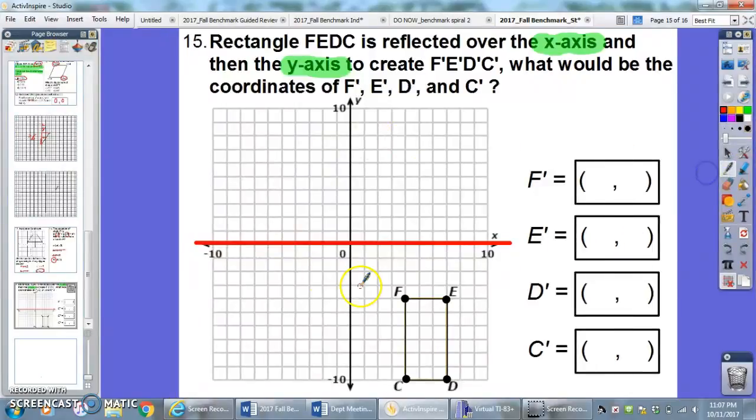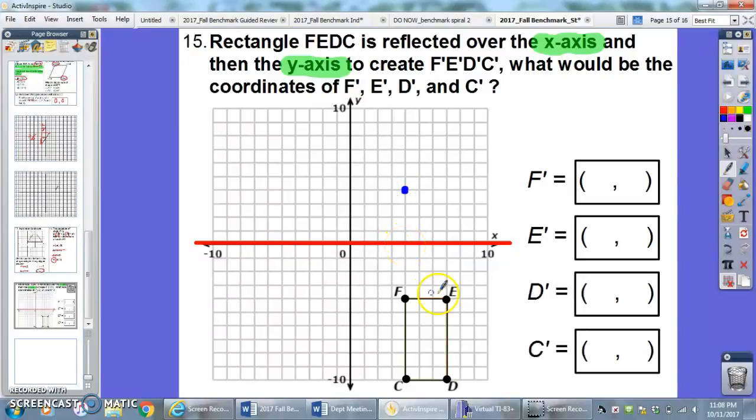So starting with point F, I'm going to count the units that F is away from the line, the number of spaces that F sits away from the line. So I'm going to use my blue color. So I'm going to count each point. So that's 1, 2, 3, 4. F is 4 spaces away. So what I need to do is count 4 spaces in the opposite direction and then place my point.